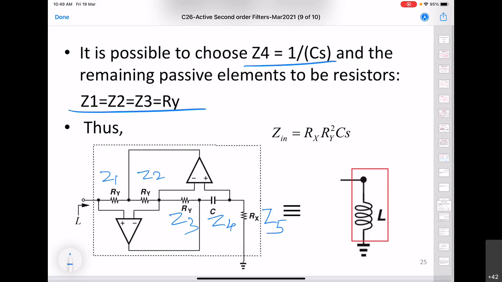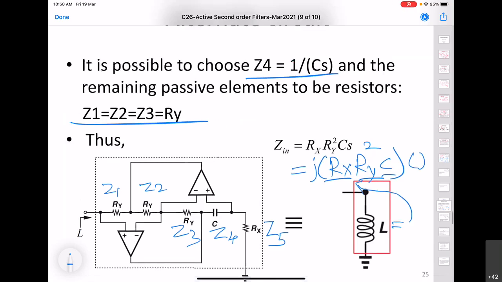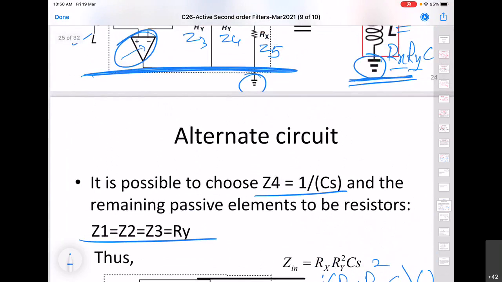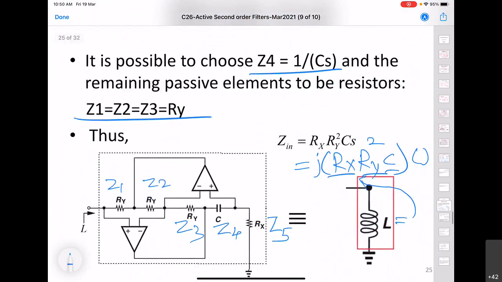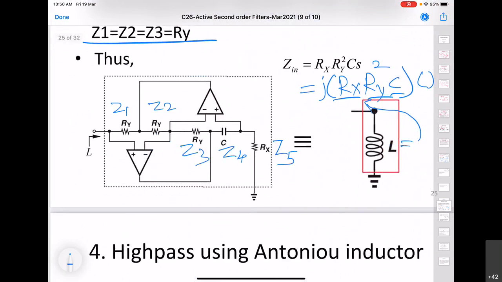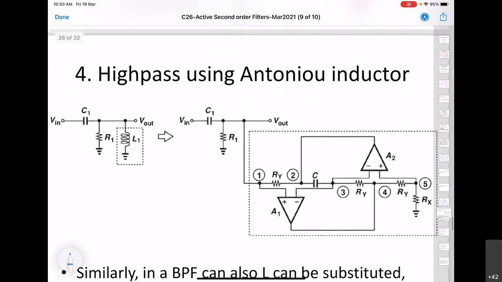So in this case also we have an inductor, but now the inductance value is different. So here L is now equal to Rx Ry square into C. Earlier we had Rx, Ry, and C. Right. So this is an alternate implementation of the inductor, but the topology is the same.